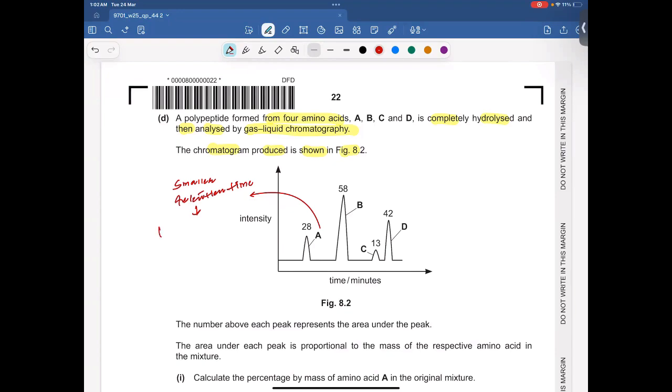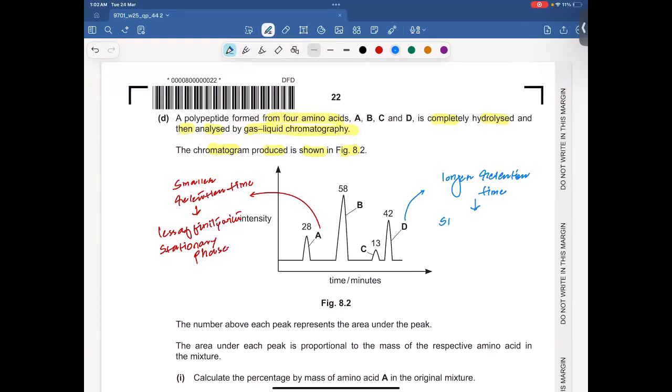So it has a less affinity with the stationary phase, that is high boiling liquid like a polymer. If D has a longer retention time, then it means it will spend more time in the glass column.